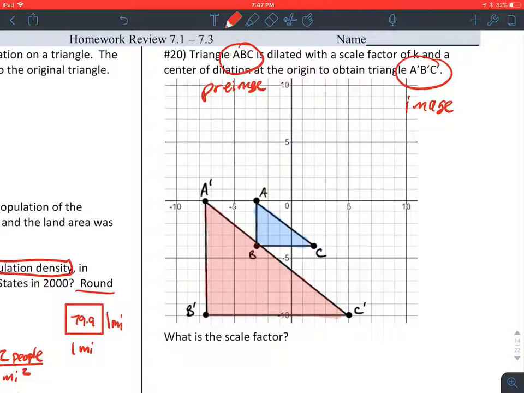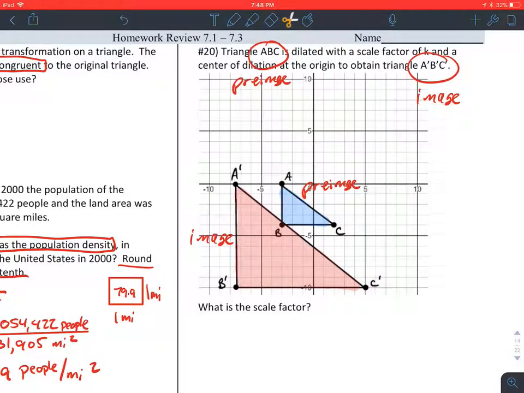The blue picture is the pre-image and the red picture is the image. Common sense tells us that k has to be a number that's bigger than 1 because the image got bigger. So remember that. If you get an answer and it's not bigger than 1, you know you did it backwards.